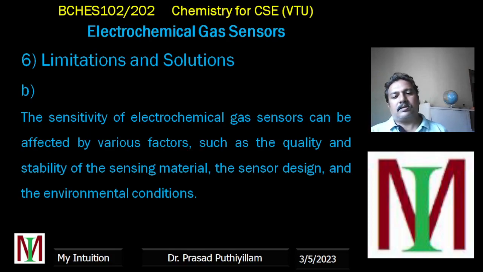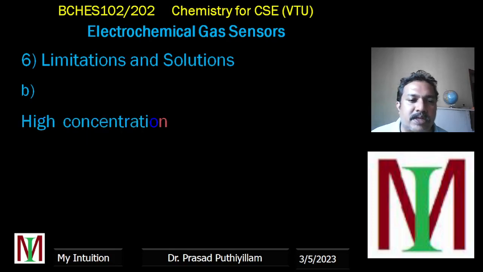The material that we use as a sensing material, mainly, as I said, tungsten trioxide, tin oxide, lead oxide, the quality and stability of the material is not 100%. Though we are using it, scientists are still searching for alternative options. And the design, we still could not design a proper one to get maximum usage of the material, and the other environmental conditions also affect. So those are the limitations.